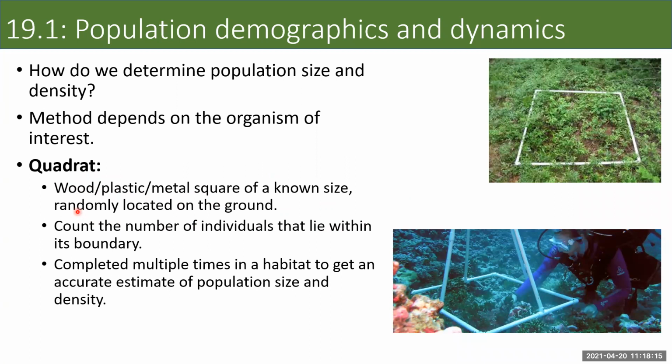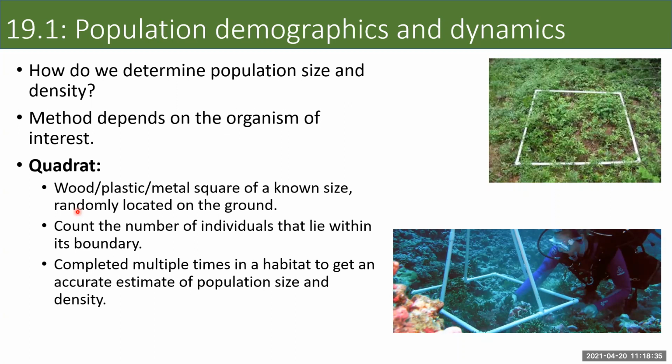And so what researchers will do is they can basically set the study area up into a grid, and they can randomly choose numbered grids to sample from. And you can sample multiple grids, right?